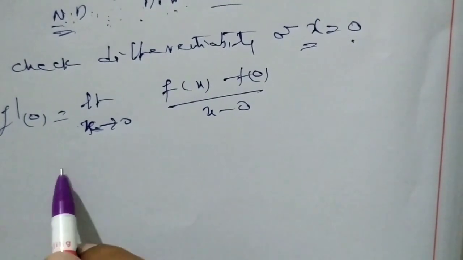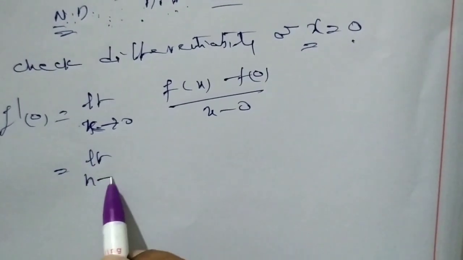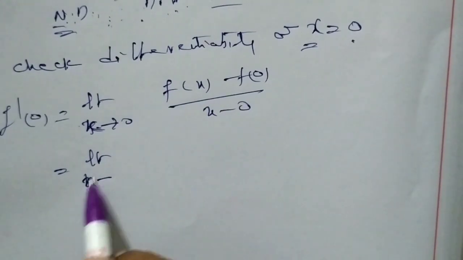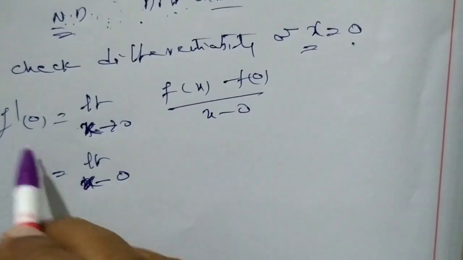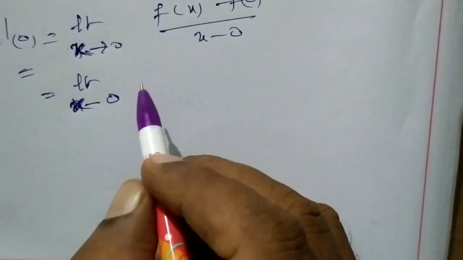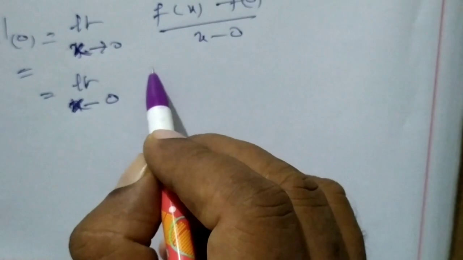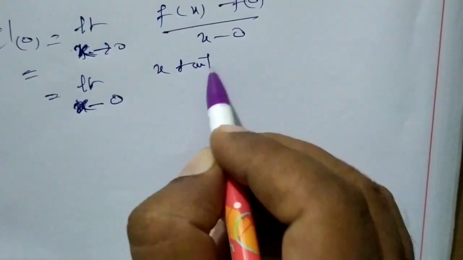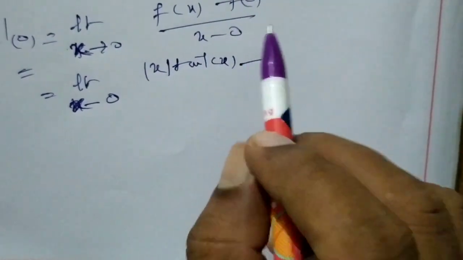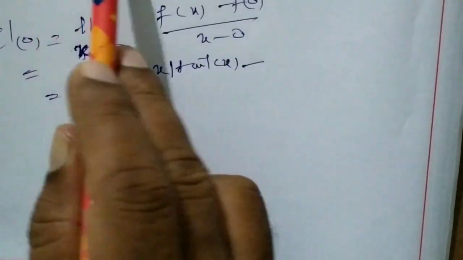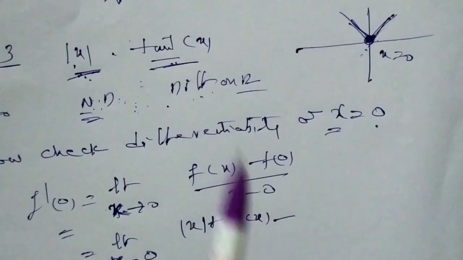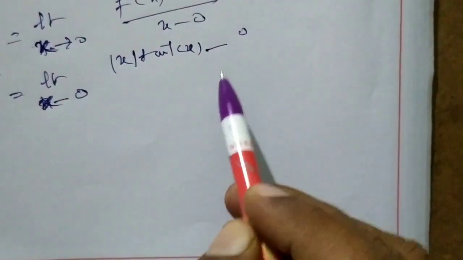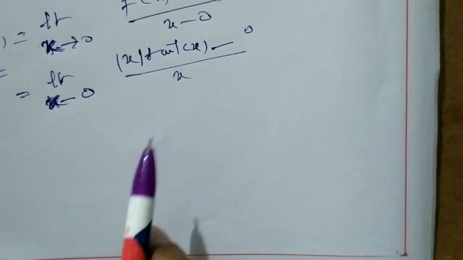Here f of x is modulus of x into tan inverse of x, and f of 0 is 0 into tan inverse of 0, which is 0.